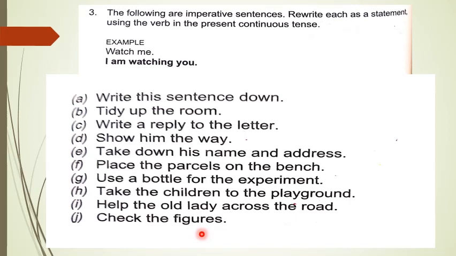So after doing all of these exercises, after doing the definition of all of the types of sentences, and after doing all of the example sentences, I'm sure that you will be able to do types of sentences and identify them quite easily and confidently. Thank you so much.